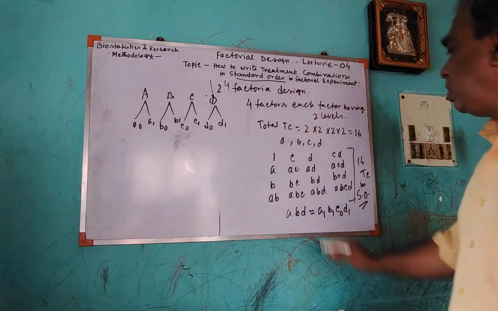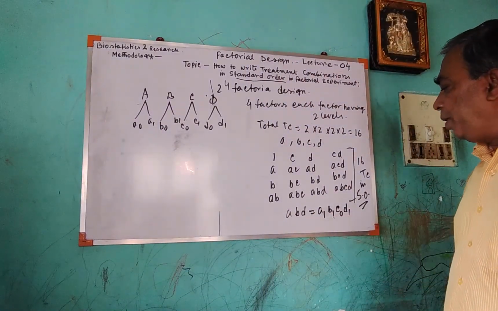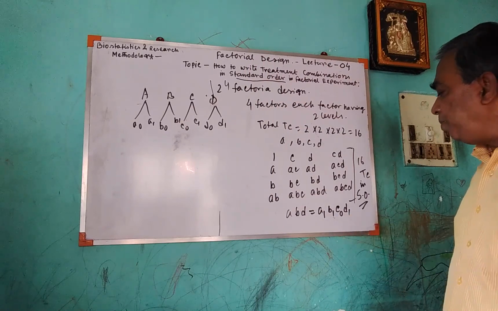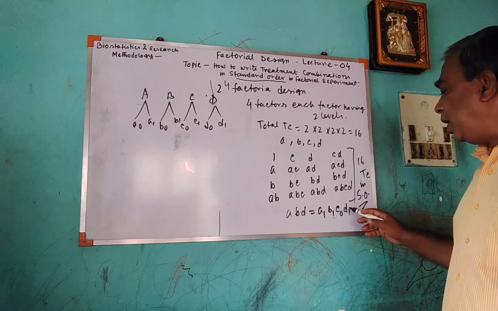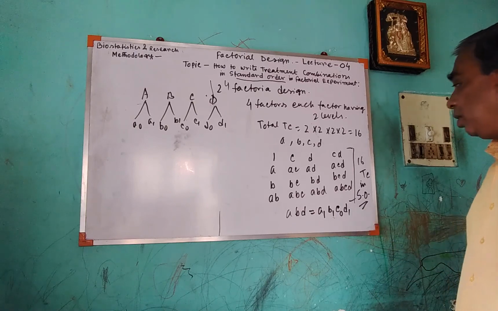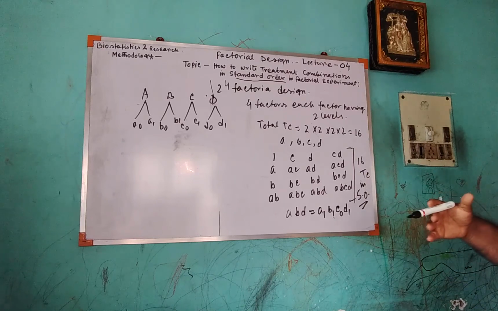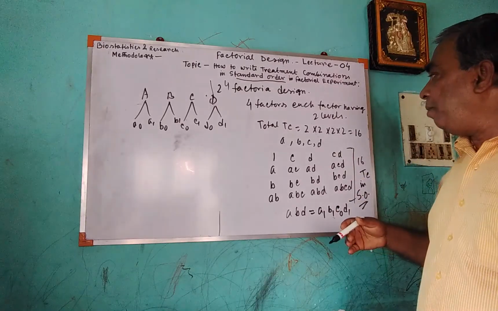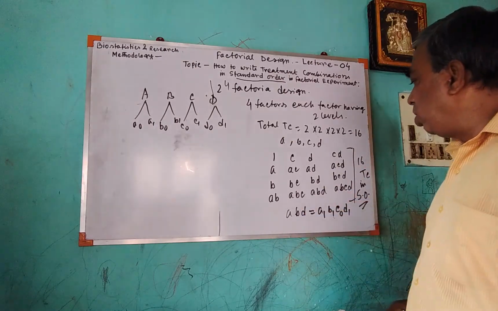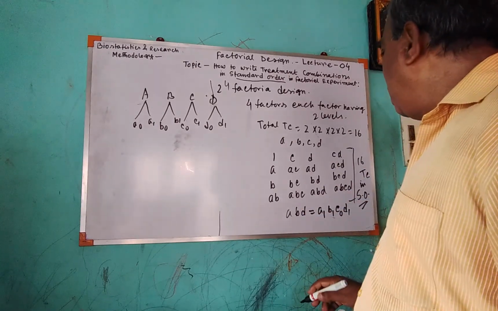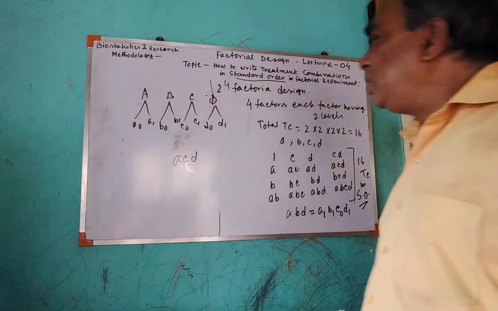So now, what is actually ABD? ABD means higher level of A factor, higher level of B factor, lower level of C factor, and higher level of D factor. C present means higher level of factor C; where a factor is absent we take the lower level. Now ACD.